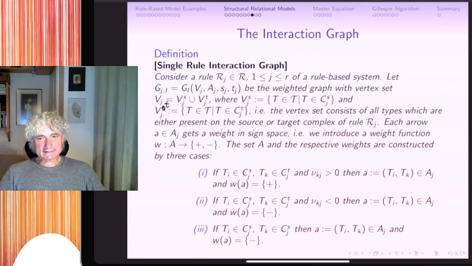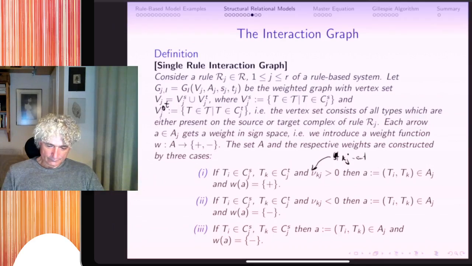Okay, so this needs a little bit of thinking, but definitely, we didn't have this notation before, so this is the k-jth entry of the stoichiometric matrix.